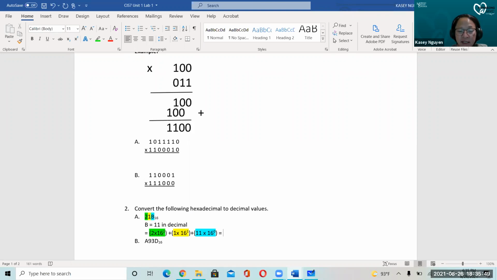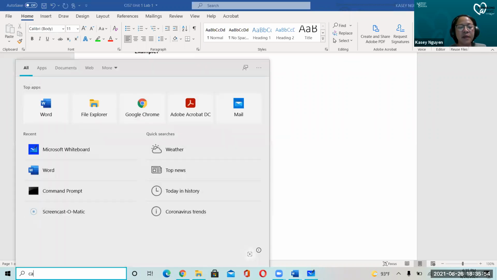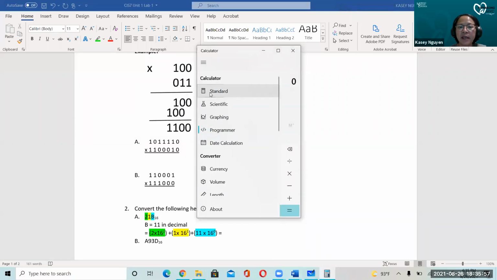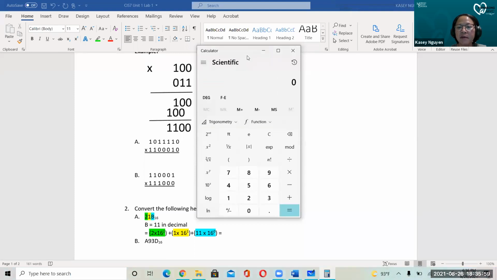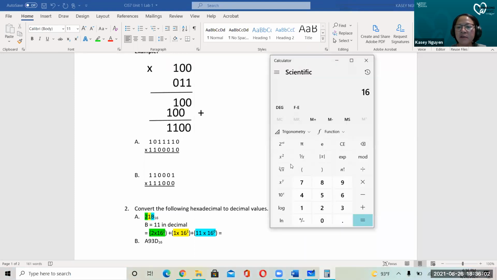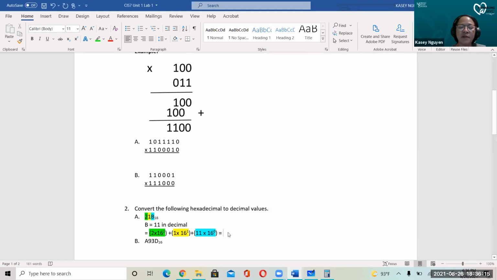So 2 times 16 to the second power, plus 16, plus 11. If we want, we can pull up our calculator and go to scientific mode. 16 squared is 256, times 2, plus 16, plus 11 is going to give you 539 in base 10.